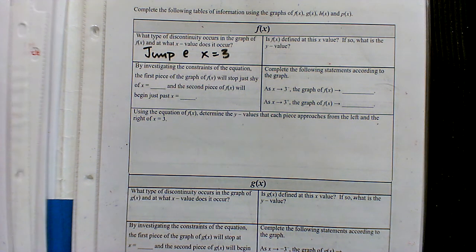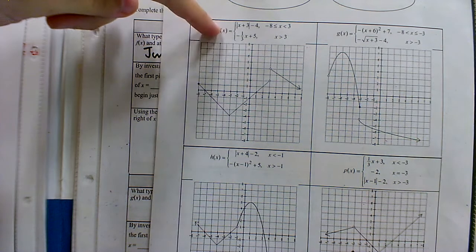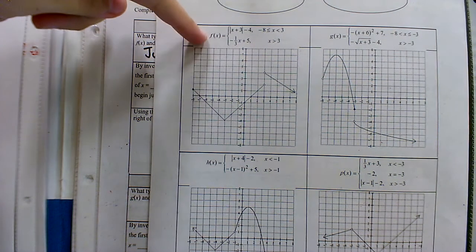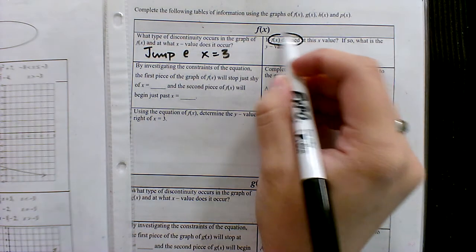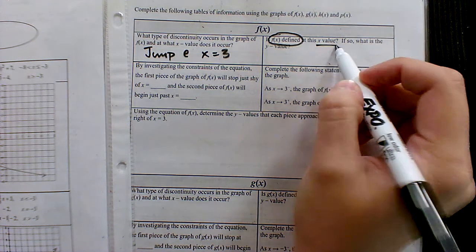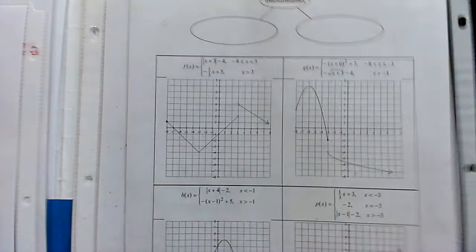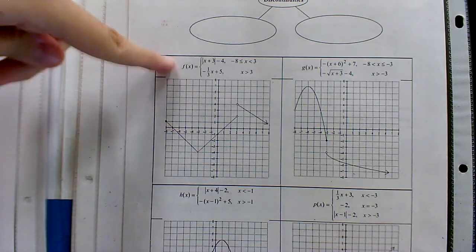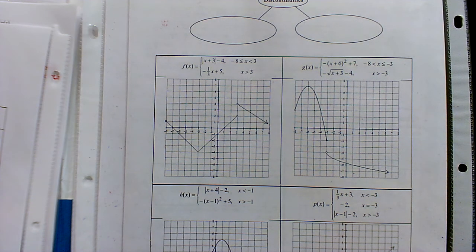If you were to take a look at the graph of f of x, or maybe even the equations, the piecewise function, can we determine if f of x is defined? Meaning, is there a point at this x value of 3? Take a look at the graph or the equations. How can you determine if there's a point or not? What do you think, Tori?